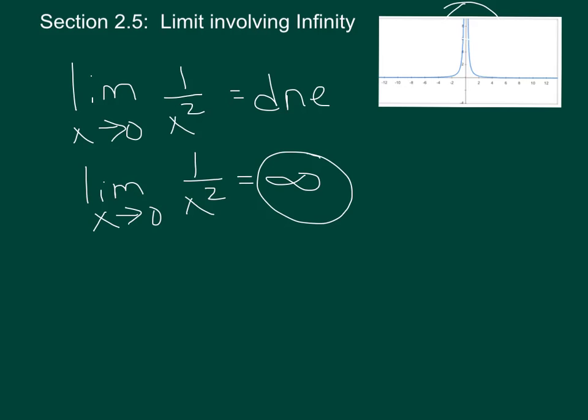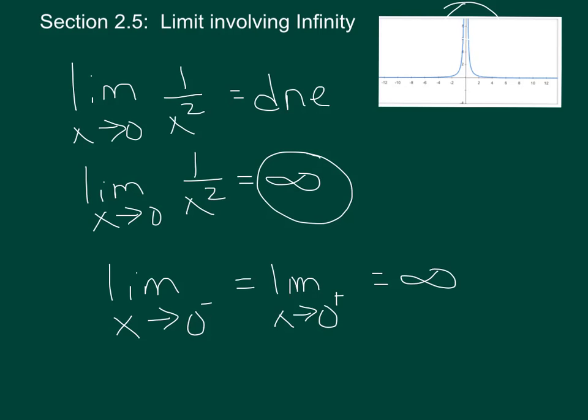However, in terms of giving more information about the graph, we know the limit from the left and the limit from the right both head to infinity. So the limit as x approaches 0 from the left is equal to the limit as x approaches 0 from the right, which is positive infinity.